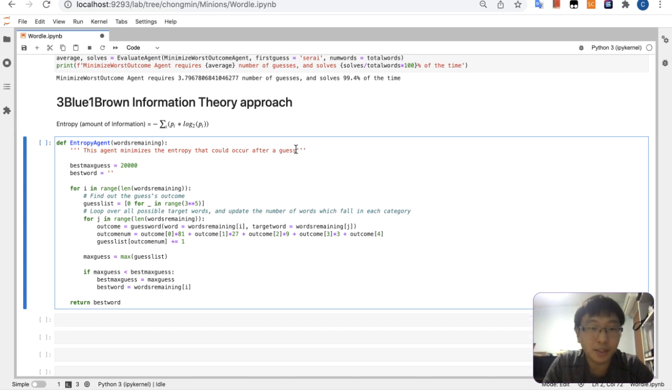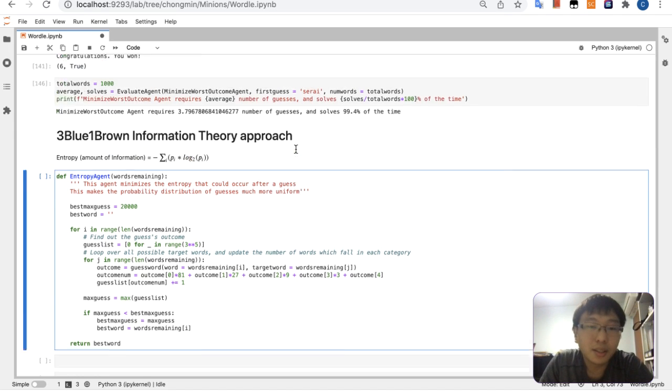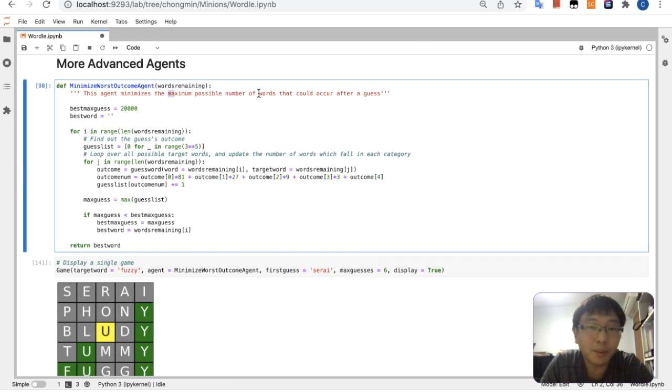Basically this makes the probability distribution of guesses much more uniform. So theoretically it helps to counter, and it is very similar to this approach where you minimize the maximum number of popular words that could remain.